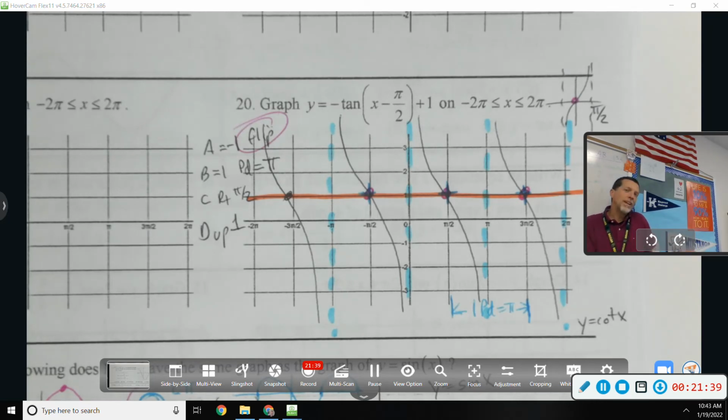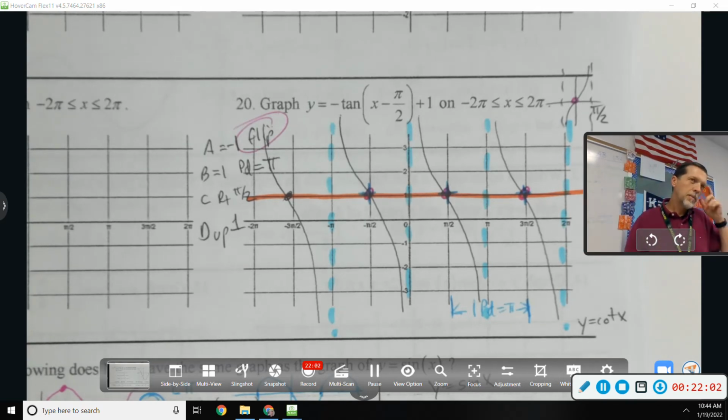But if you don't get it, then it's hard because that's all it is: what does A do? What does B do? What does C do? What does D do? It's that plus the parent functions. It's sort of one topic. We just did a whole bunch of different things with it. So if you get the one topic, it's an easy unit. If you don't get the one topic, it's a hard unit.